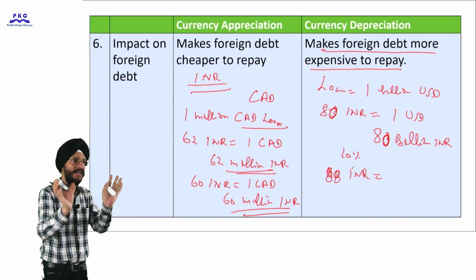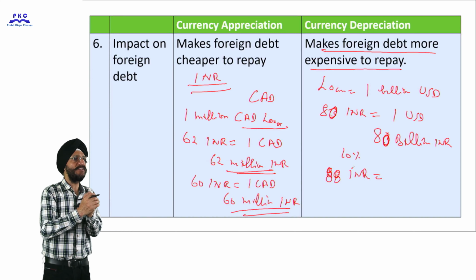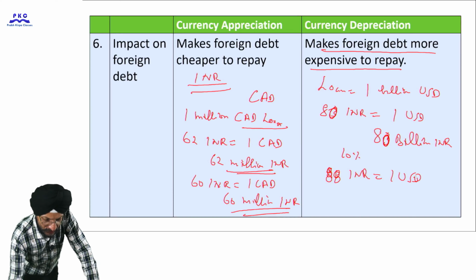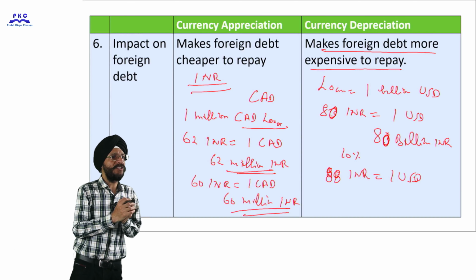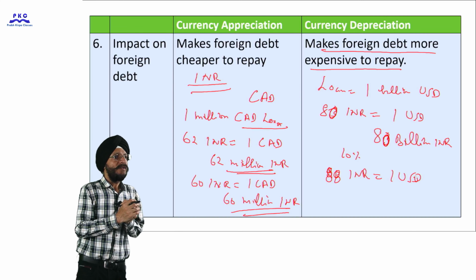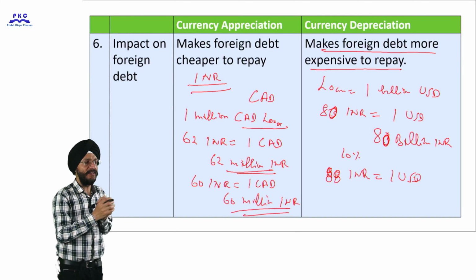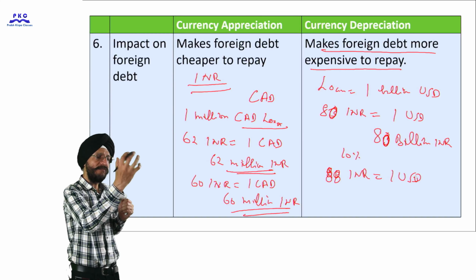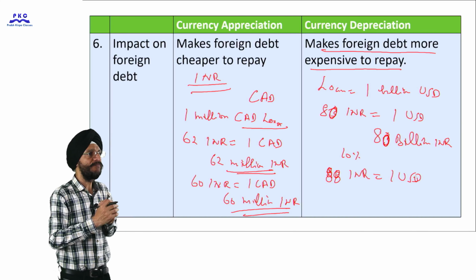Loan has been taken 80 billion Indian rupee, and after 10% depreciation, 88 Indian rupee are equal to 1 US dollar. So when the currency has depreciated and now the government, after the depreciation of the value of Indian currency, decides to repay the loan, what amount will it require of domestic currency?